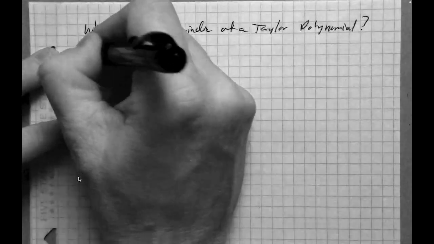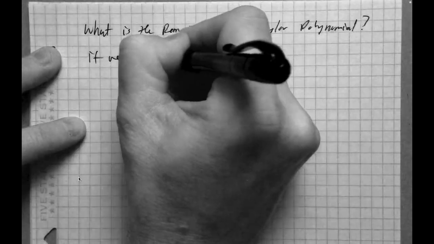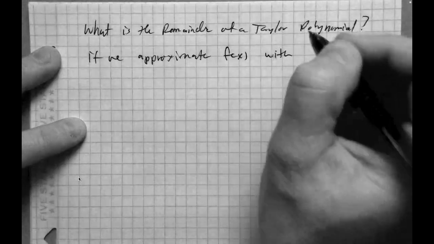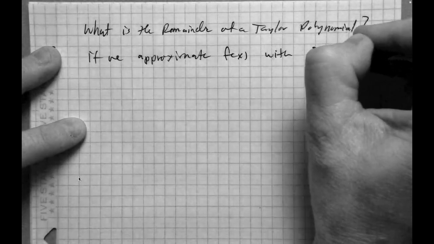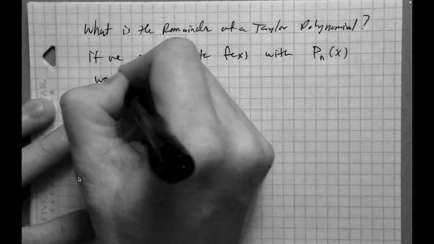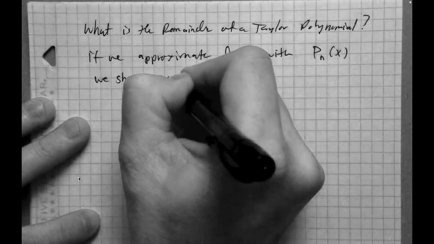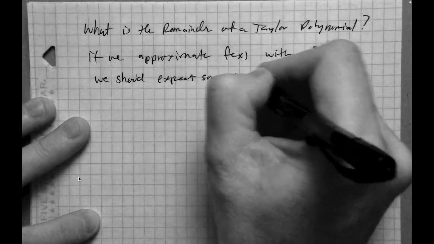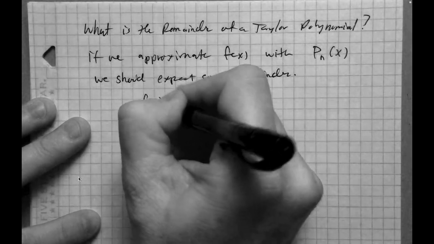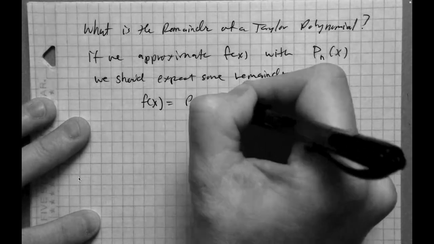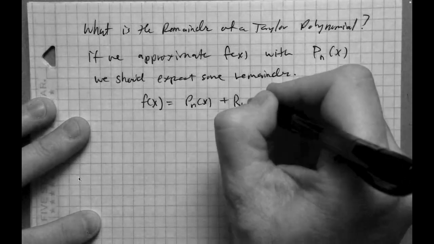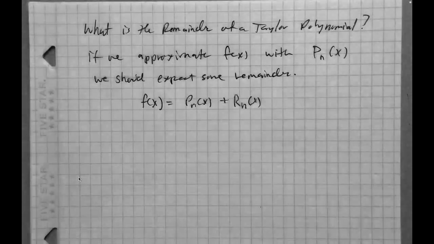So if we approximate f of x with some nth degree polynomial, we'll call it p sub n of x, we should expect some remainder. What we would say is that f of x is equal to the approximation plus the remainder, and we'll denote the remainder by r sub n of x.